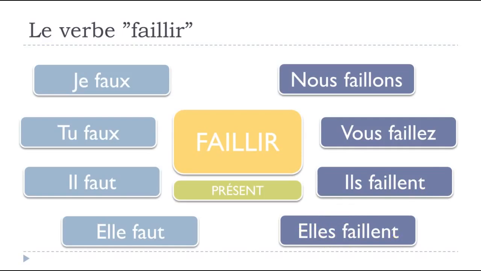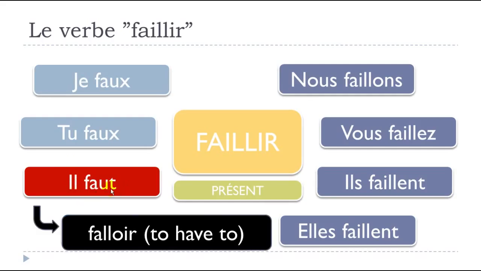Alright? And if you look carefully, you will notice that there is something quite strange here, because you've got a form that normally you should already know, and it's actually the verb falloir, to have to. Remember, falloir is what we call impersonnel, you get only this il form.